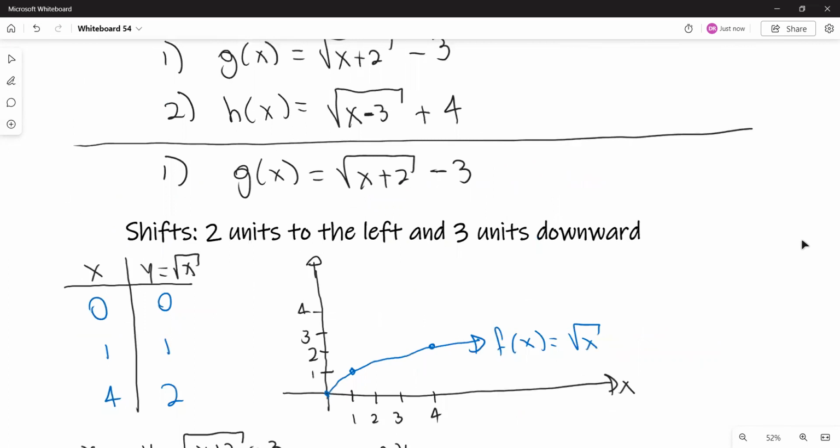And number 2, the function obtained from the square root function is the square root of x minus 3 plus 4.